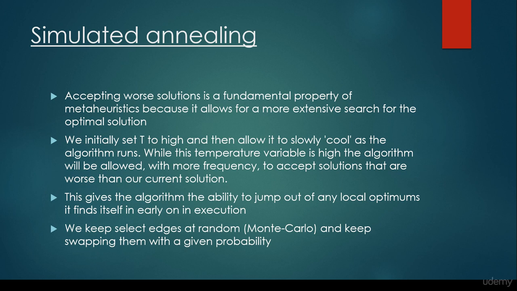So we initialize T, the temperature parameter, to be high at the beginning, and then allow it to slowly cool, which means that we keep decreasing the value of the temperature as the algorithm runs. While this temperature variable is high, the algorithm will be allowed with more frequency to accept solutions that are worse than our current solution. So basically, it allows bad steps.